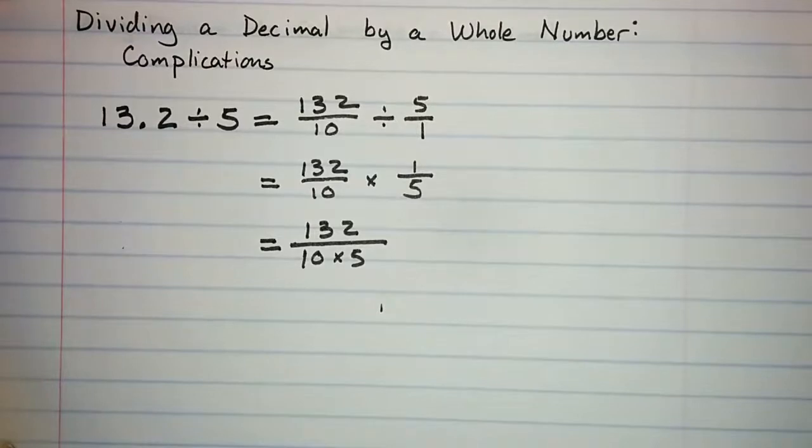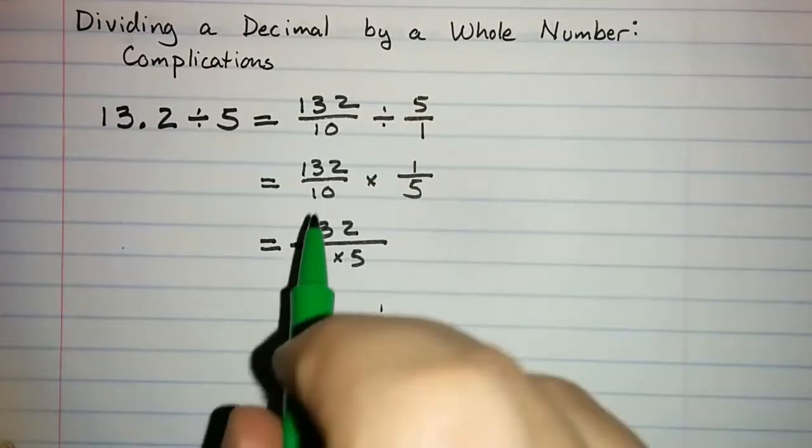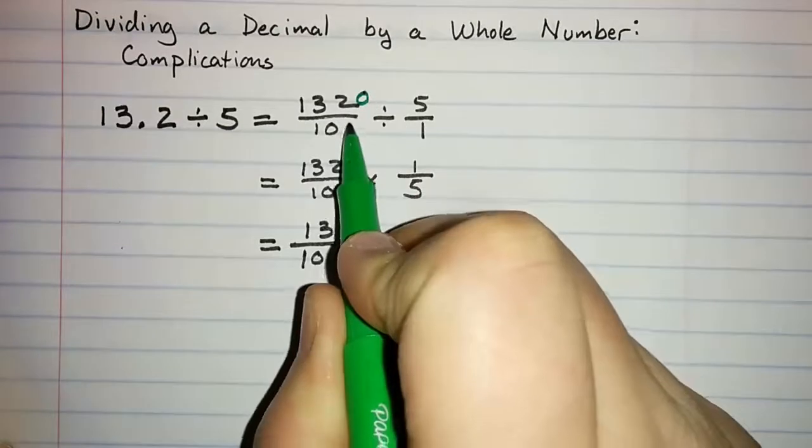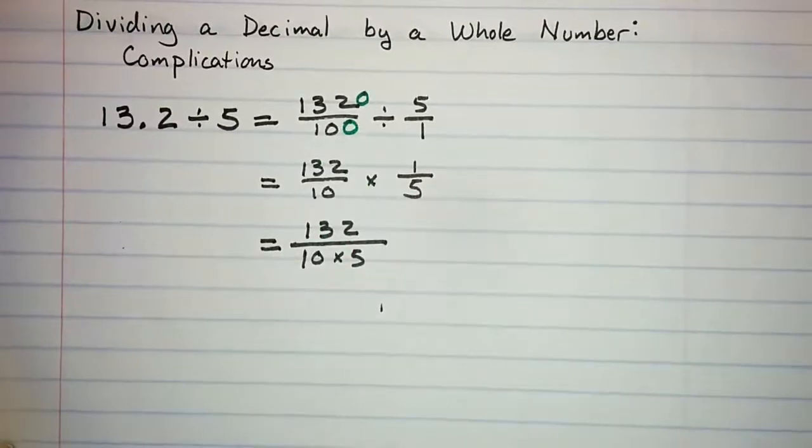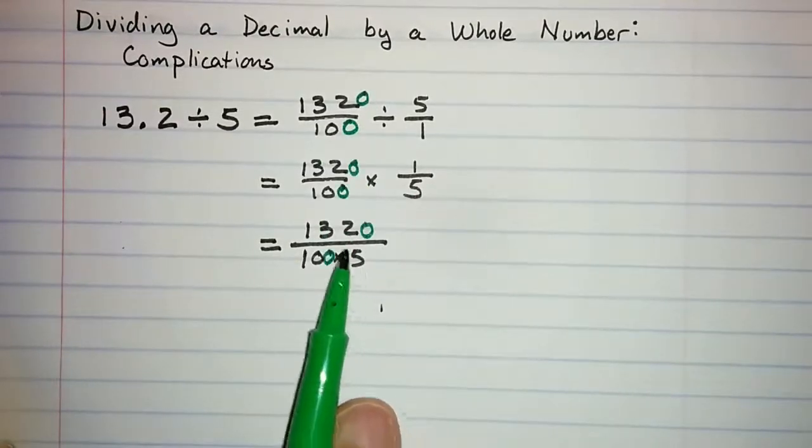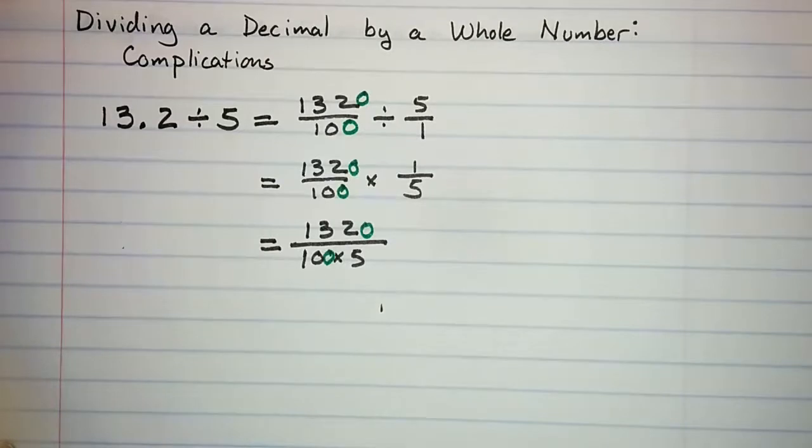What if, before we began, we multiplied the numerator and denominator of our fraction by 10? Well, now 5 is a factor of 1,320.